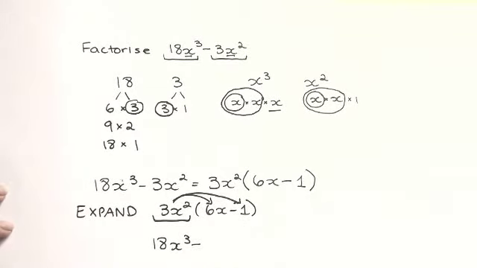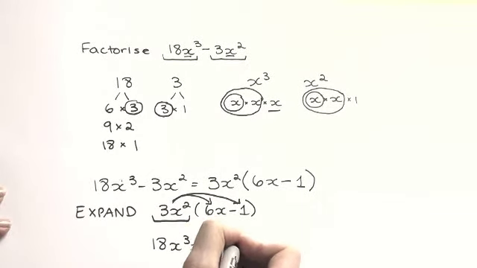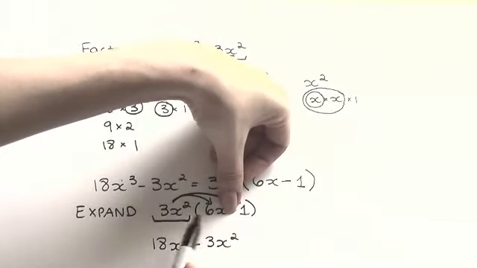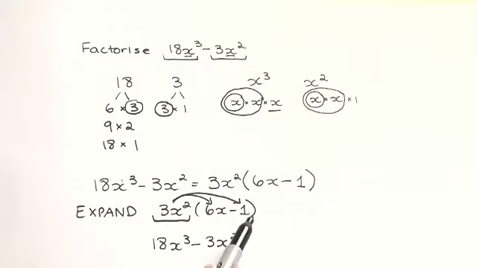So then we have minus 3x squared, because -1 times 3x squared is -3x squared. Another way of looking at it is you just keep that negative there, and 3x squared times that 1 is 3x squared, and there's a negative, so we just keep our negative. So there we go. That's factorization by a common factor.